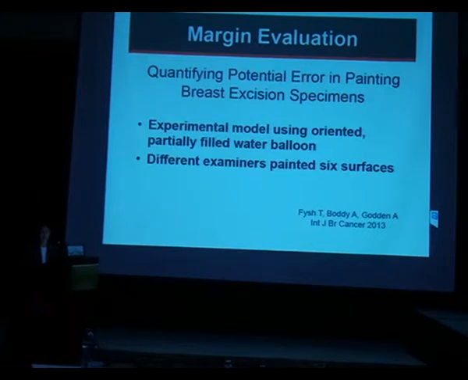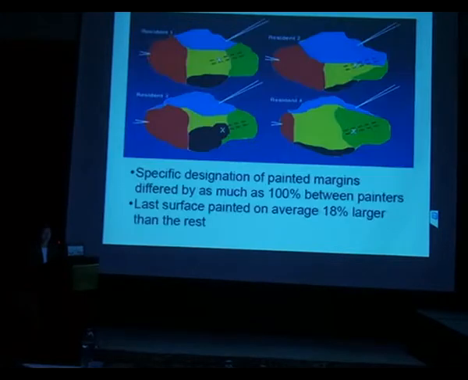It is really pretty arbitrary. So in this study, the investigators looked at experimental models using partially filled water balloons, and they asked different examiners to paint the 6 surfaces. So this is how they ended up.